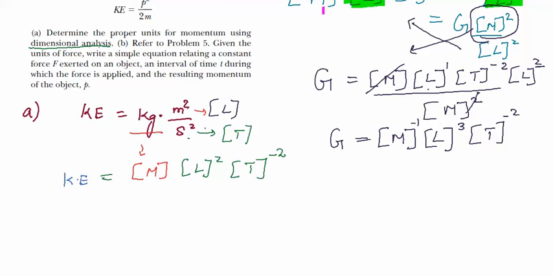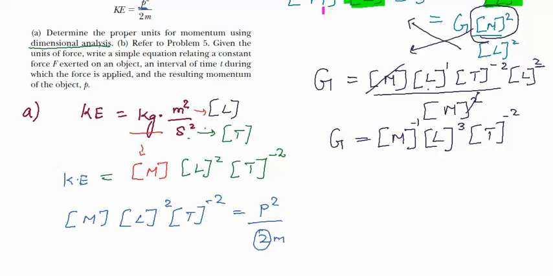So we need to find the dimension of p square. So we'll put that to the test here. We have length square and T to the power -2 with p square divided by 2m. Remember, 2 has no dimension, so we don't have to write it.